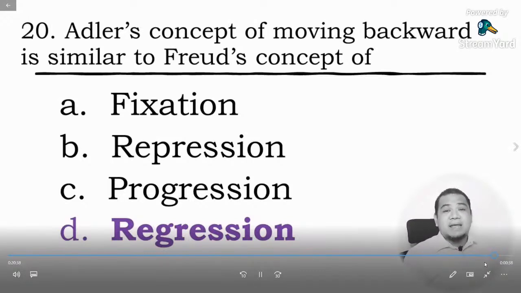Moving backward is designed to elicit sympathy, the deleterious attitude offered so generously to pampered children.